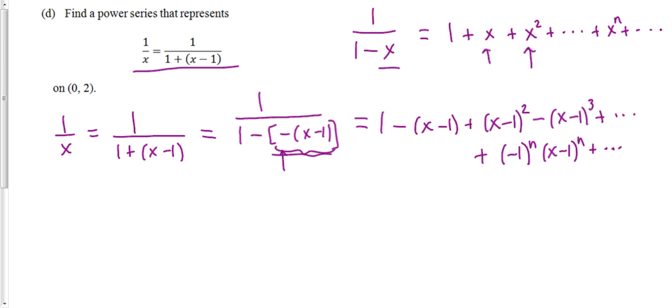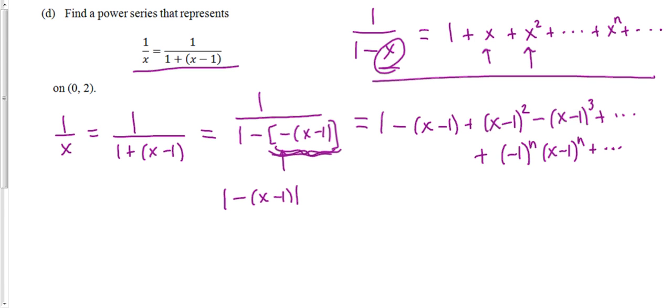And as always, I need to check what my interval of convergence is. And I know that this will converge if the absolute value of my x is less than 1. So that means that the absolute value of negative x minus 1 has to be less than 1.